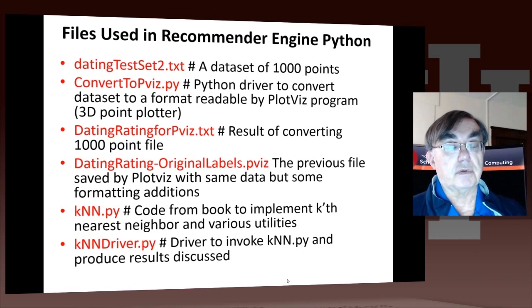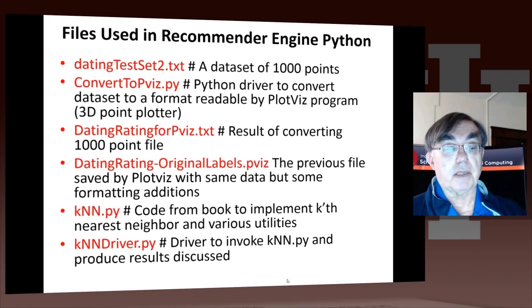We have two files corresponding to the results of this conversion. The doctext file is the raw file produced by the Python driver. The .pviz file is output from plotviz itself, and it has various formatting to make it look prettier.